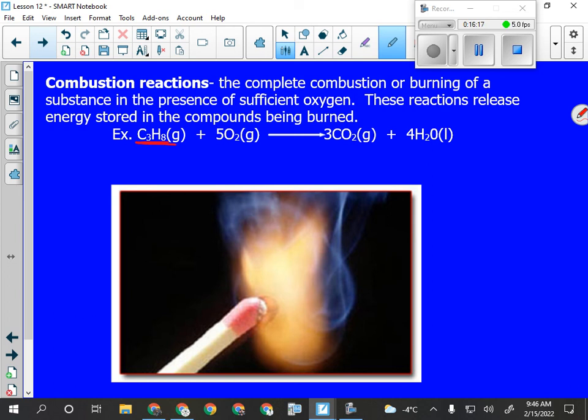The products of a combustion reaction, regardless of what the numbers are over here, are always carbon dioxide and water. In a complete ideal combustion reaction, the only products are carbon dioxide and water. So when your car is running, what's coming out of the exhaust pipe is carbon dioxide and water vapor.